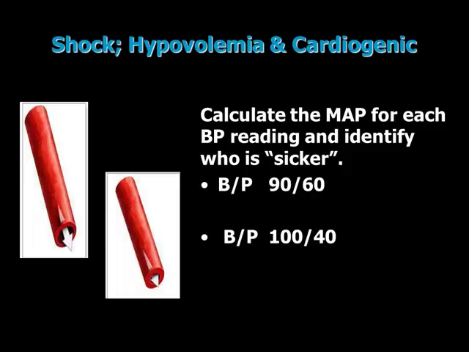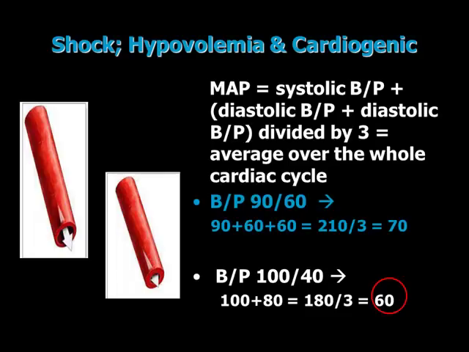And when you look at these two blood pressures that are here, 90 over 60 and 100 over 40, I want you to think about who is the sicker patient. In other words, who has the more diminished mean arterial pressure, meaning that their oxygen may not be landing in the cells. And so, of course, to figure out the MAP, we're going to have to do the formula.